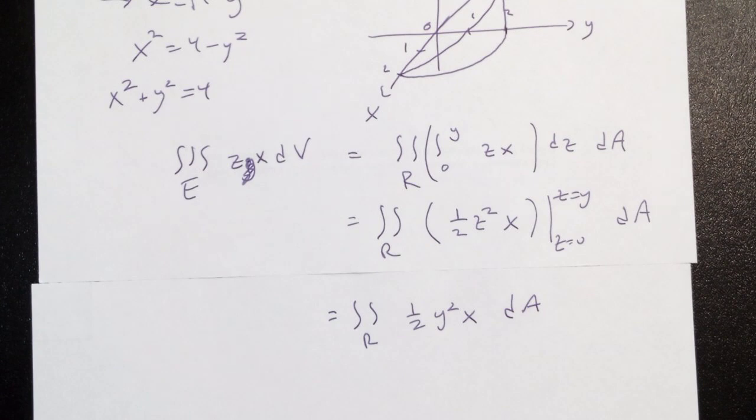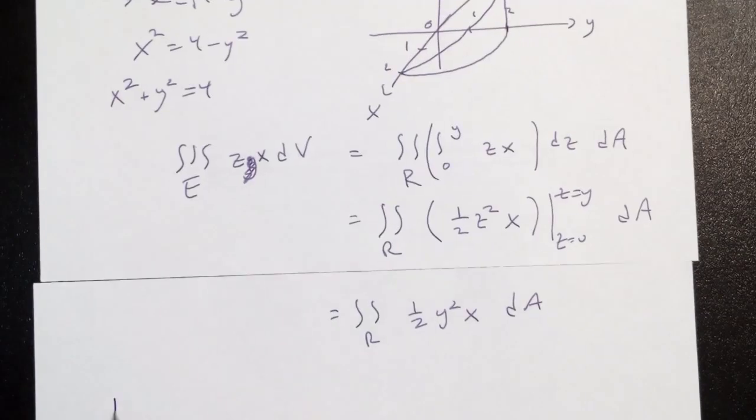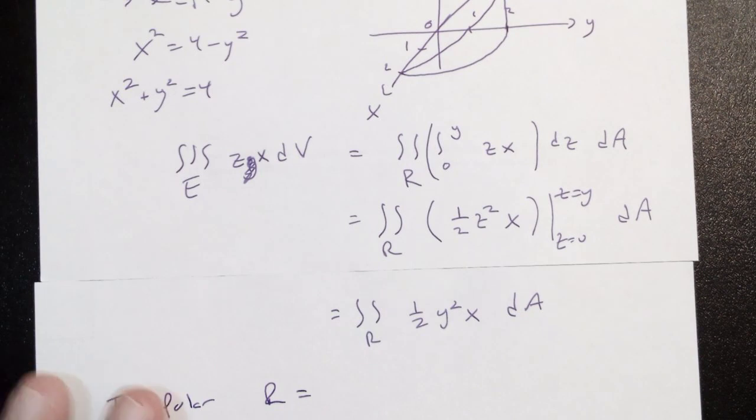In polar, this is much easier than it is as a type 1 or a type 2. Now, that's not to say I can't do it as a type 1 or a type 2, but I think it's a whole lot easier to do this in polar. If I switch to polar, what's R, my region in the XY plane?